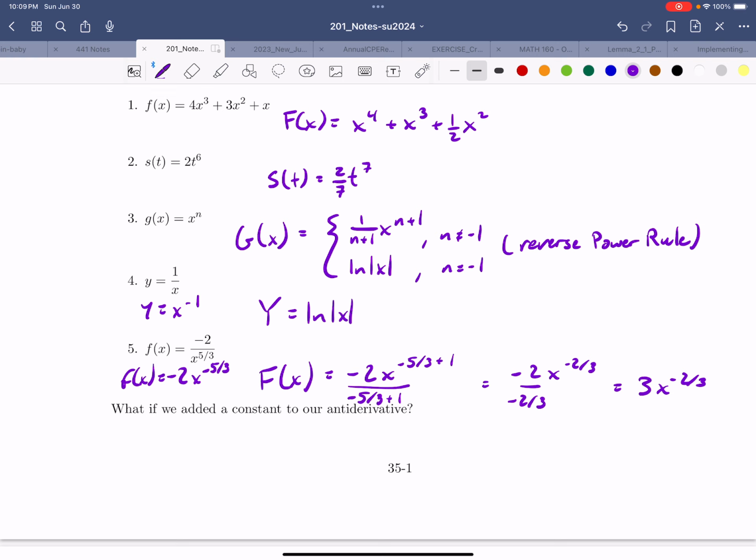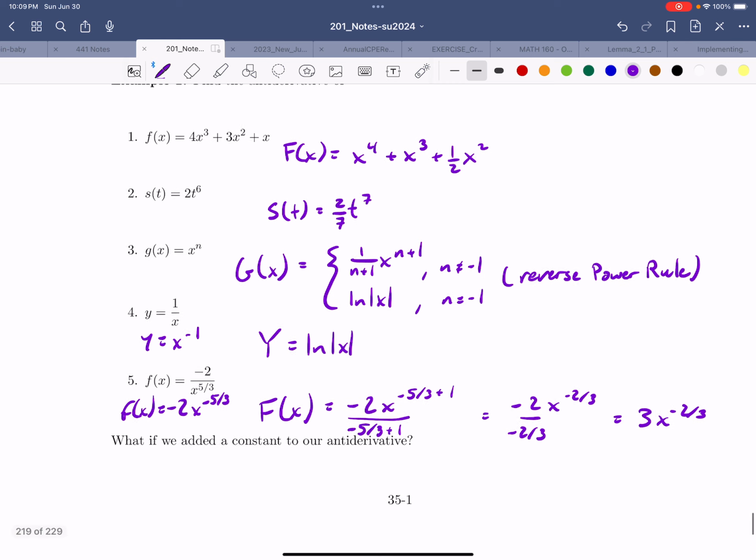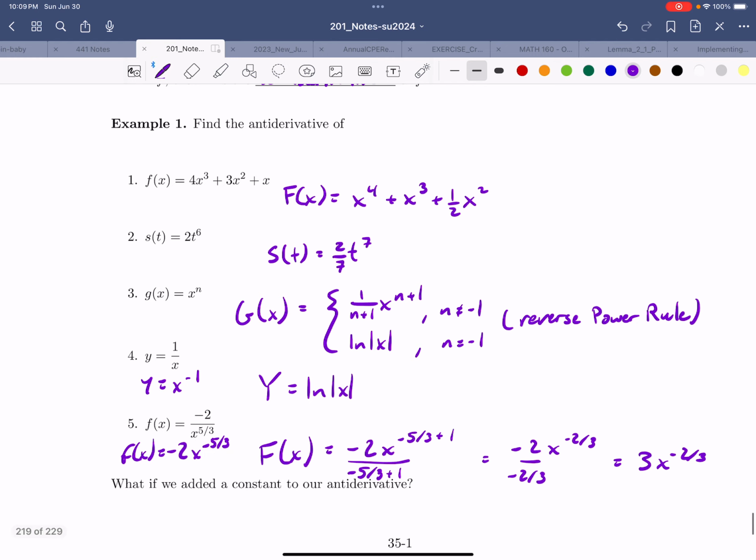Now, if you've seen antidifferentiation before, you might be saying, oh, plus c, Dr. Halpern, plus c. Well, here we go. What if we added any constant to our antiderivative? Let's go back to number 1. We found the antiderivative of this guy. What if I added 1 to this, and we took the derivative? Wouldn't that also give us little f of x? Well, it would, because plus 1 is just a constant.